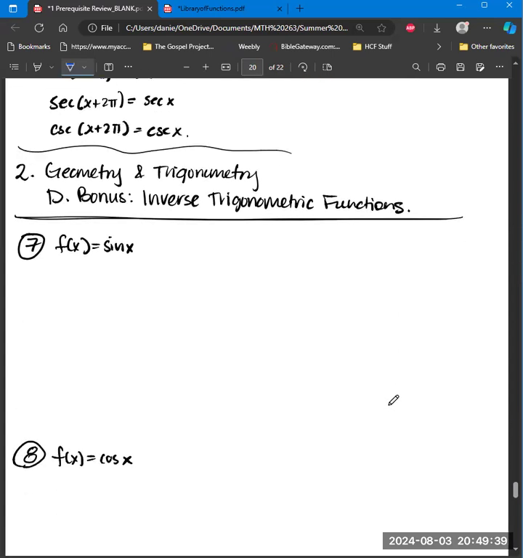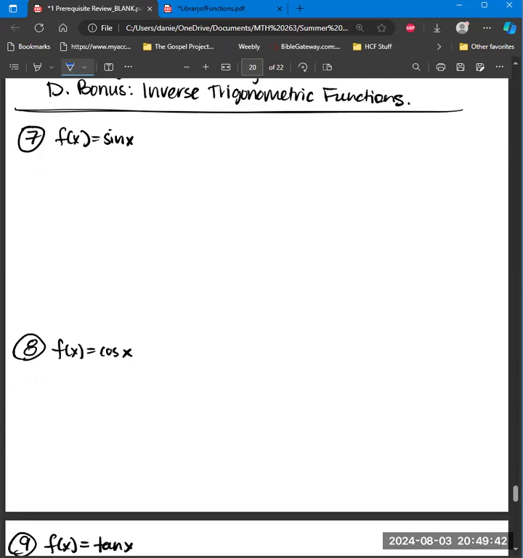So let's go ahead now and think about the inverse trig functions for a second.